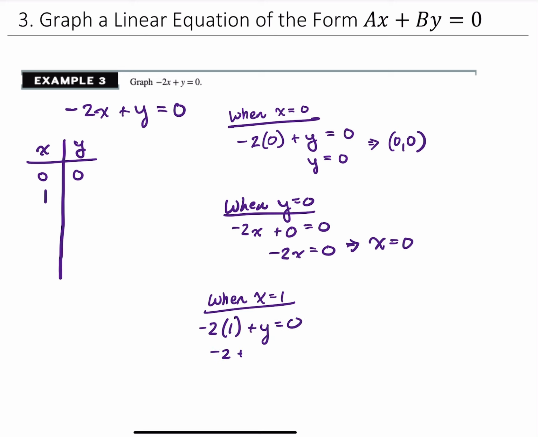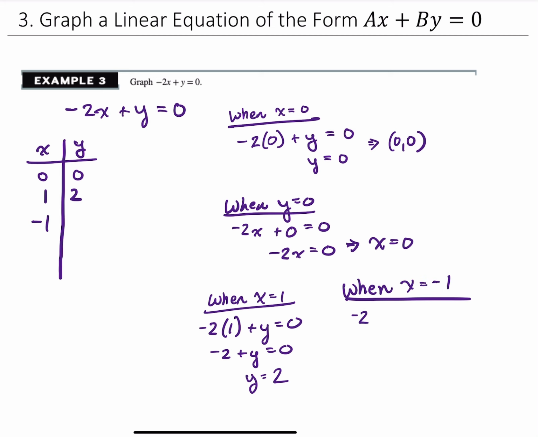And then let's pick negative 1. And we can choose any values we want. Just picking something that seems like it'll be easy. So when x equals negative 1, I would get negative 2 times negative 1 plus y equals 0.